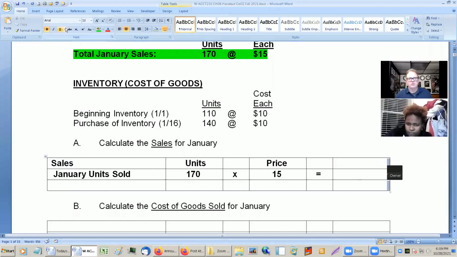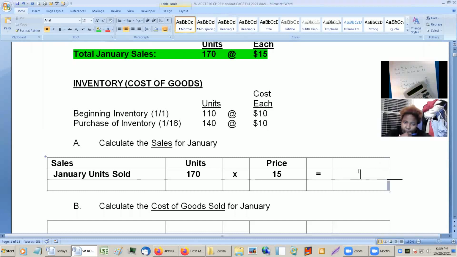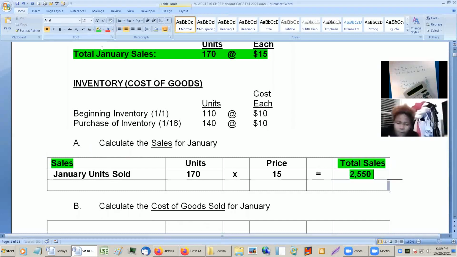So 170 by 15, 2550. Yep. So this will be our total sales.